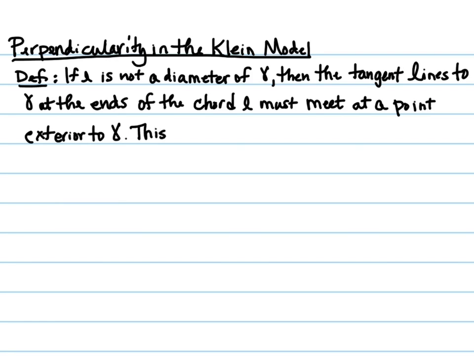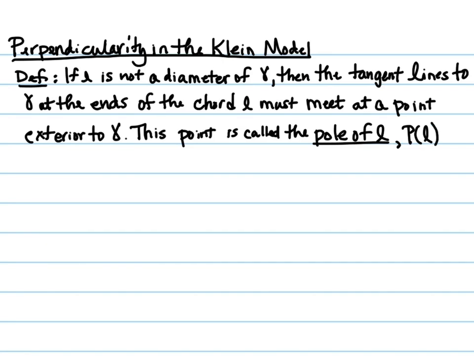Do you remember what this point is called? That's right. Good job. It's called the pole of L, and we're going to denote it P of L. That's some of your notation for it.